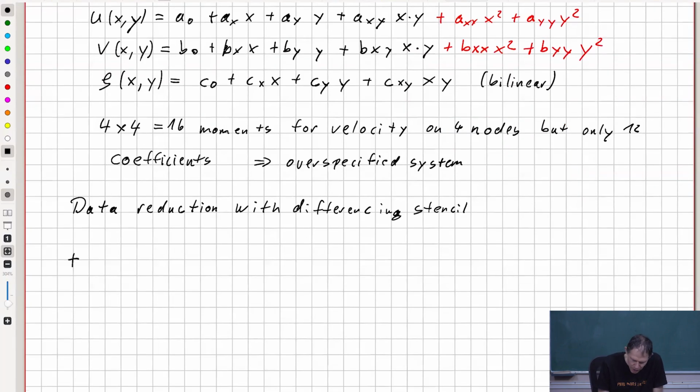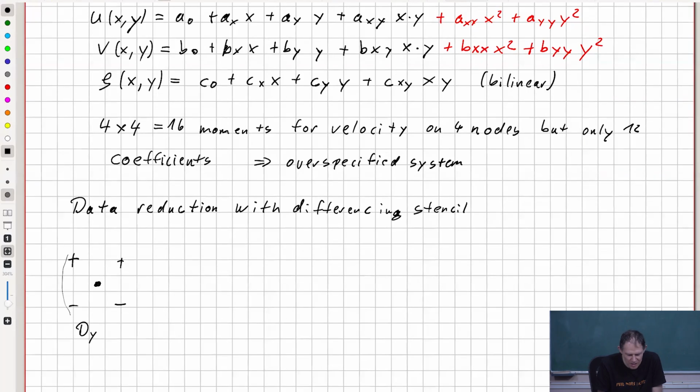And the stencil looks like this: we have plus, plus, minus, minus, and we call this d. So we have 4 points, we add 2 of them together and we subtract 2 of them. The location where we compute this derivative is of course in the center between them.